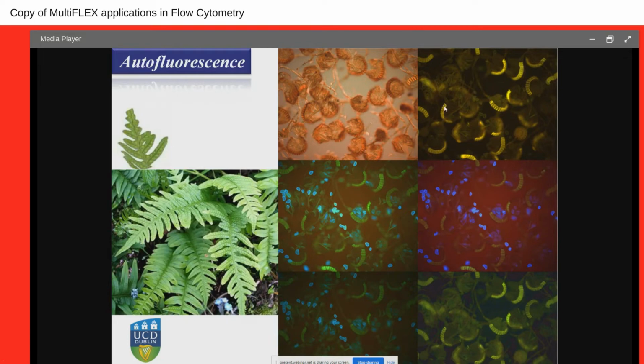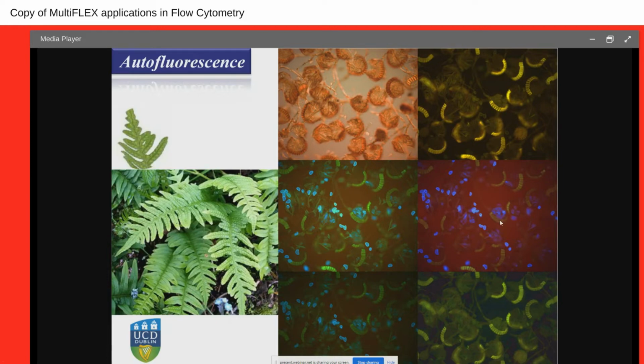Meanwhile, these rings, these cells of the ring, are producing a huge amount of fluorescence in this wavelength. But if we change wavelengths and we move into this other one, the spores are the ones that are producing the highest amount of autofluorescence. And the cells of the ring have practically no fluorescence.